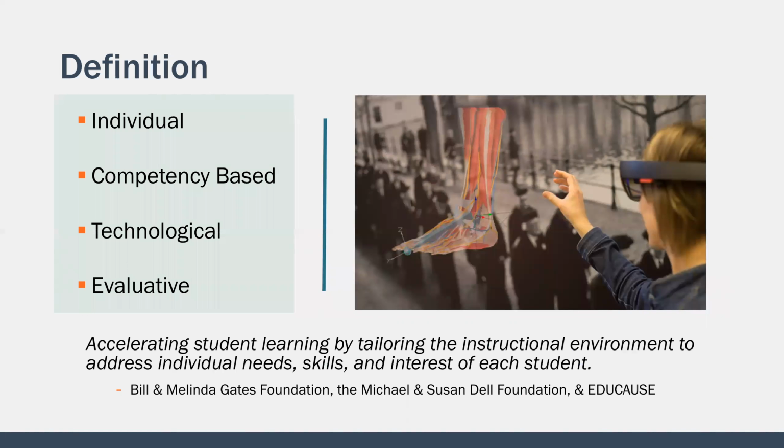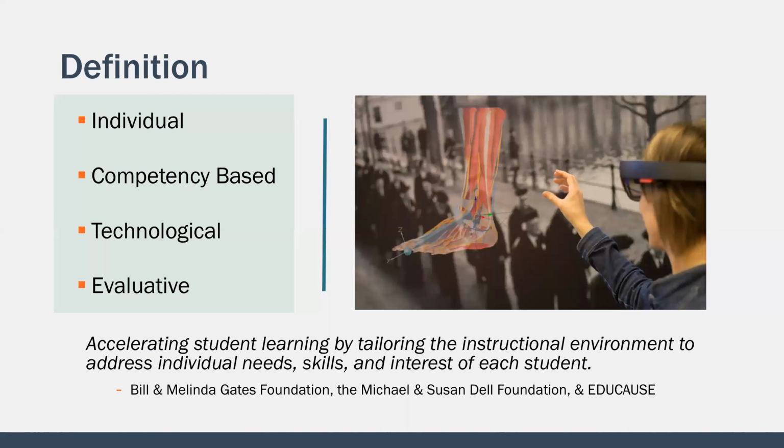It's about the competency of that student and mastery learning. It heavily relies usually on technology, though it doesn't have to. And it's also evaluative. And that doesn't mean we test students a lot. It just means that we use the data that students accumulate to adjust their learning environment or testing environment to either make it easier or more difficult, or to give more personalized and individualized feedback.